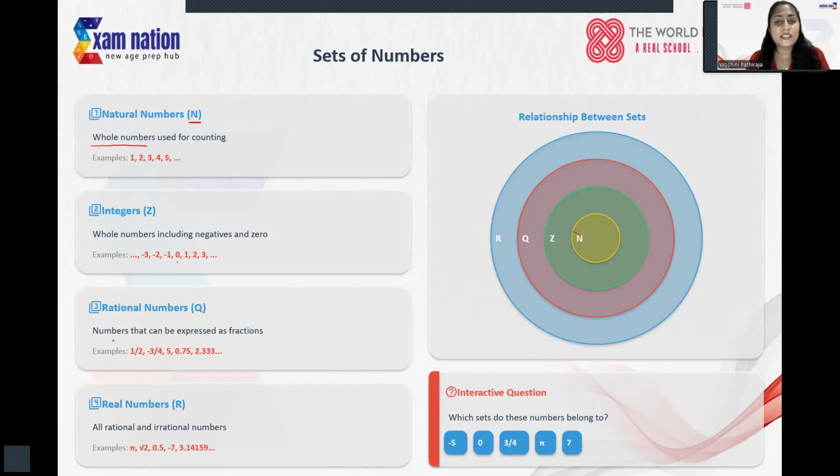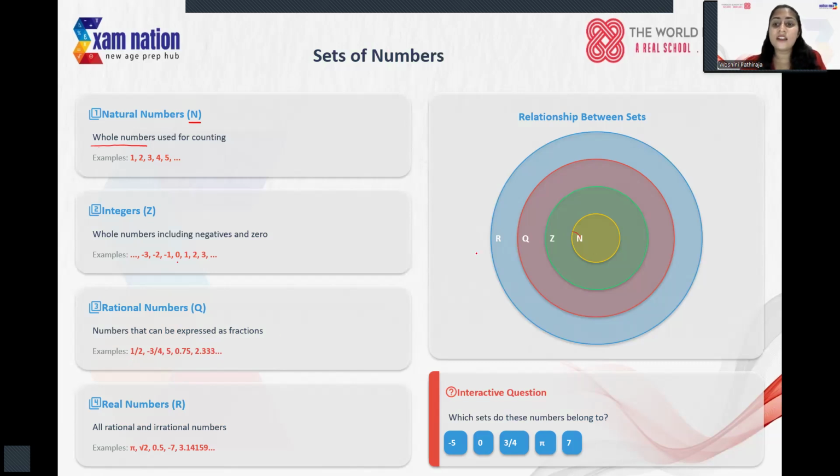Rational numbers are represented by this pink circle, and we use the symbol Q to represent them. As examples, fractions like 1 over 2, 1 over 3, 1 over 4, or 2 over 5. Any number we can represent as a fraction is called a rational number.